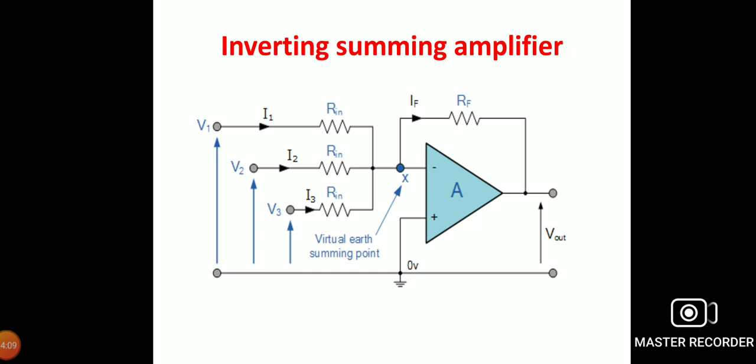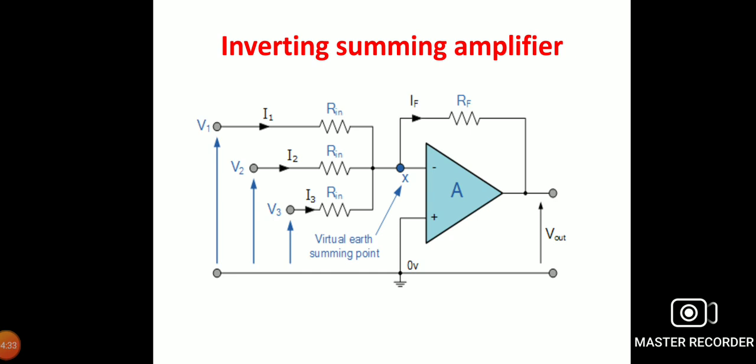Now we can find the inverting equation of output voltage. V out is equal to minus of feedback resistor divided by input resistance, that is RF divided by R in, into input voltage.